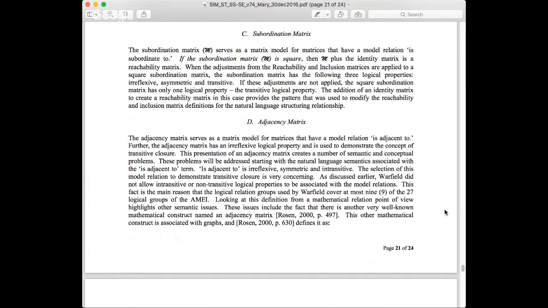I think in the literature, we see that there's a number of areas, but you're right, the adjacency matrix can represent any relationship that can be represented by a graph, because an adjacency matrix is simply a matrix that represents a graph, a certain kind of graph.